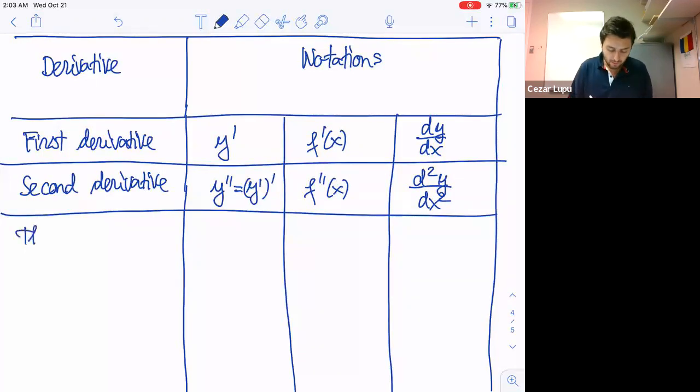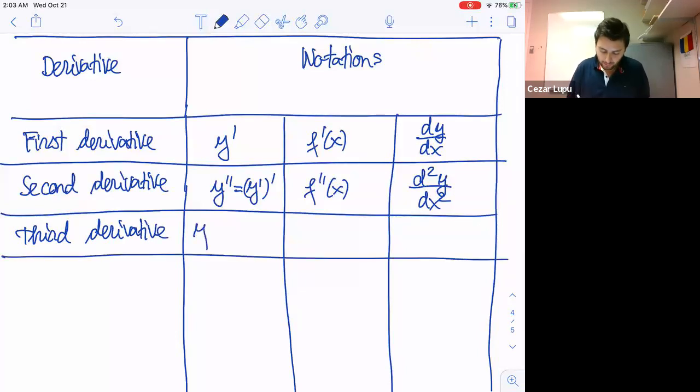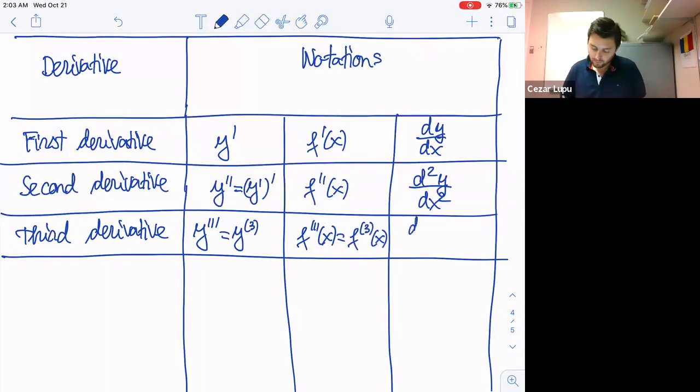Now the third derivative, let's write one more. It is y prime prime prime, so we have three of them. Or sometimes if you don't like it, you can write 3 in parentheses, or in Leibniz notation it will be d cubed y over dx cubed. All right, and we keep going.